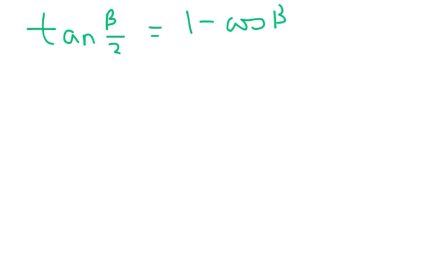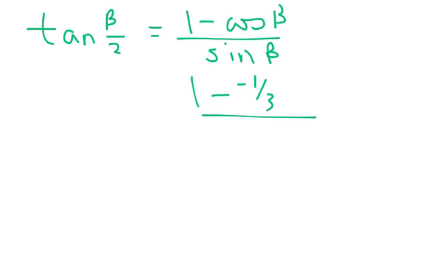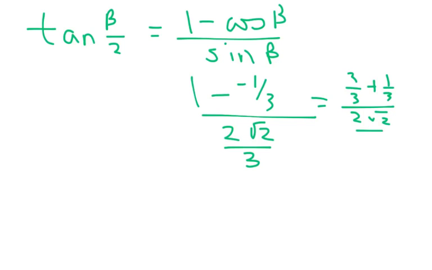Last one we're going to do is tan of beta over 2, which equals 1 minus cosine of beta over sine of beta. 1 minus cosine of beta is negative 1/3 over 2 root 2 over 3. And cleaning this up, we have 3 over 3 plus 1/3 over 2 root 2 over 3.